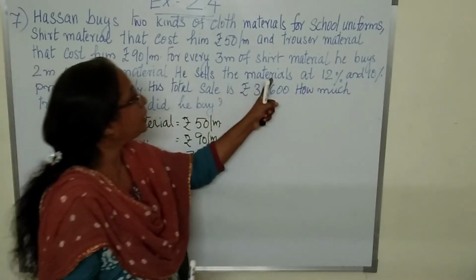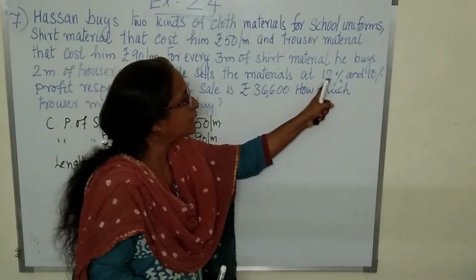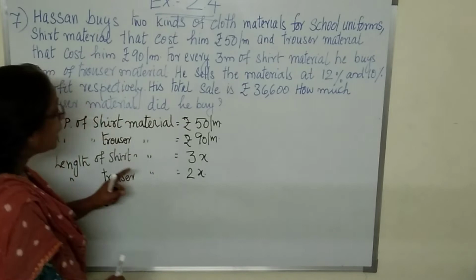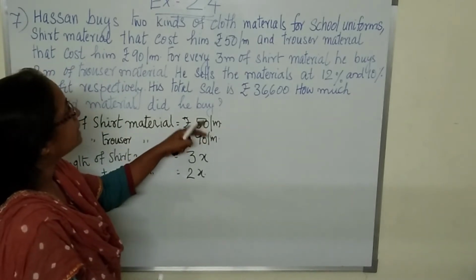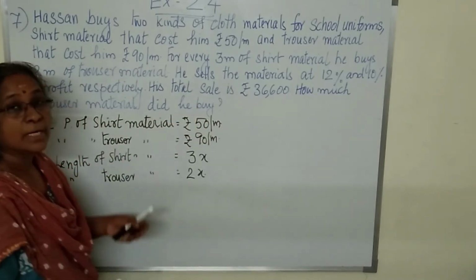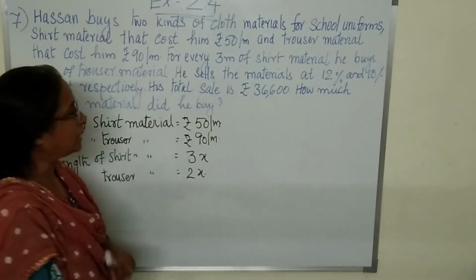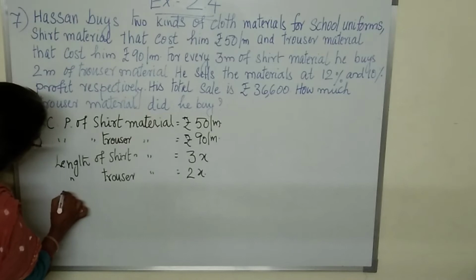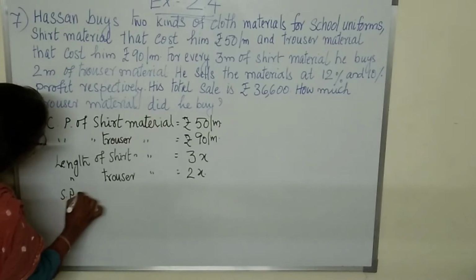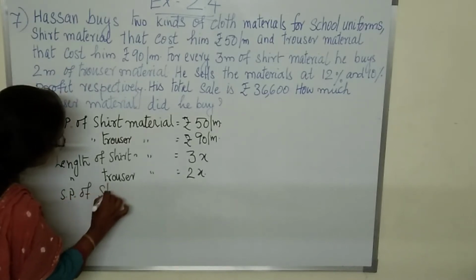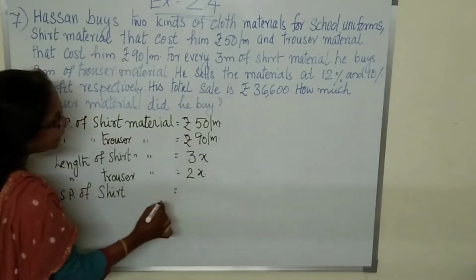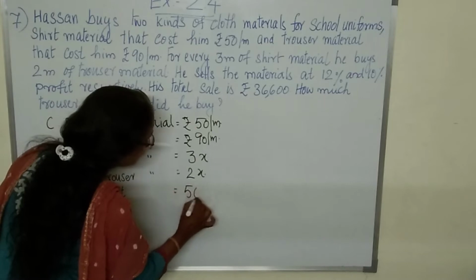He sells the materials at 12% and 10% profit. So if he buys for 50 rupees and sells it at 12% profit, what will be the SP of shirt? SP of shirt is equal to the original price, 50.